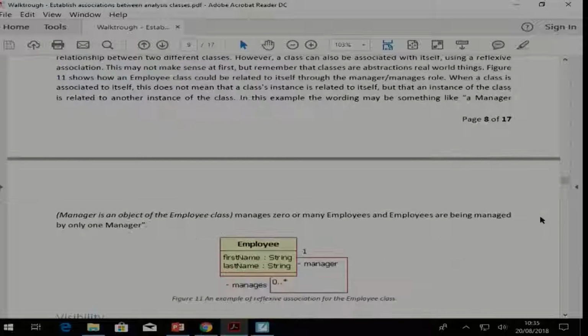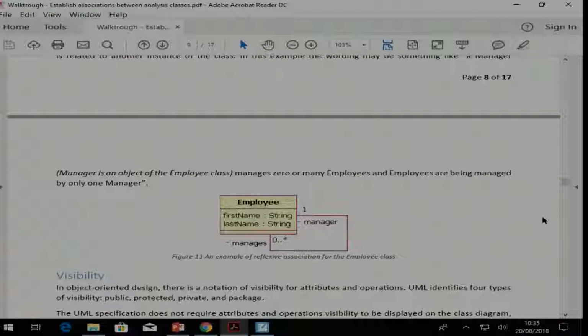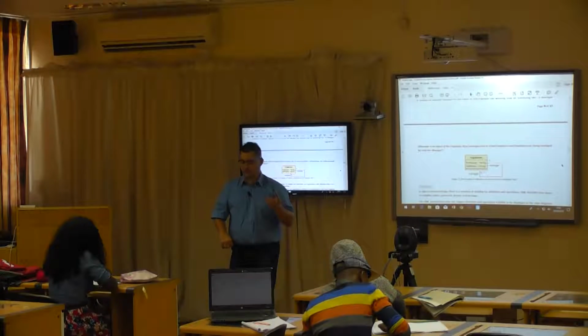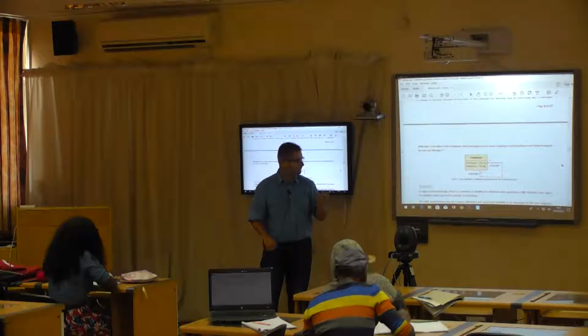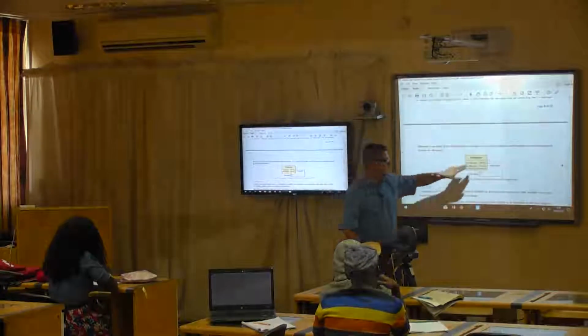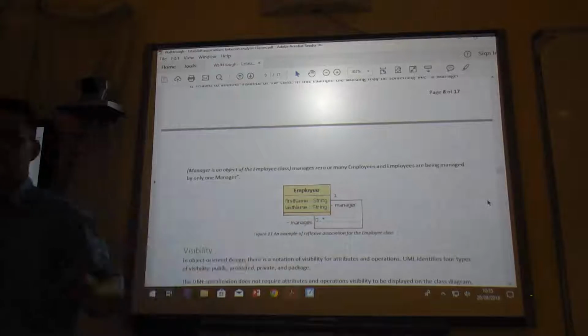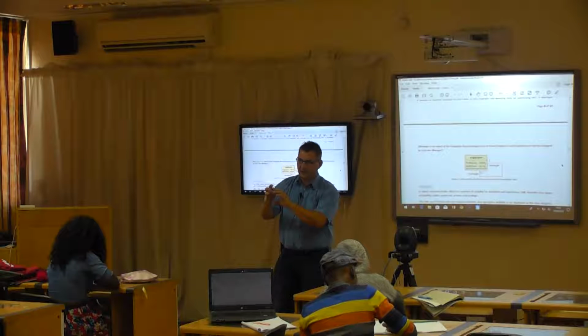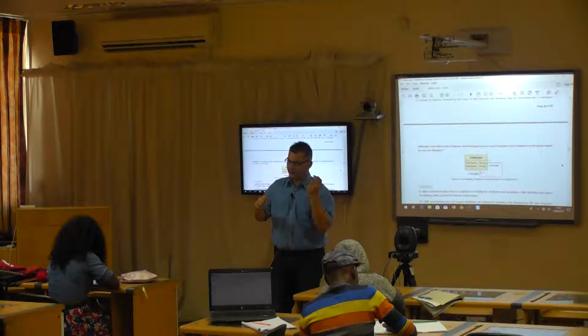Now, they talk about reflexive associations. Reflexive means a relationship with just one class. What we're seeing is that objects of the one class are related to other objects of the same class.